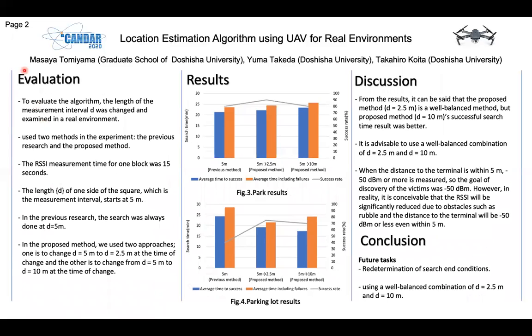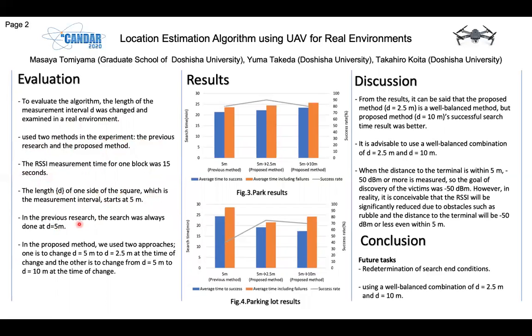Next, I will explain evaluations. To evaluate the algorithm, the length of the measurement interval d was changed and examined in a real environment. We used two methods in the experiments, the previous research and the proposed method. The RSSI measurement time for one block was 15 seconds. The length d of one side of the square, which is the measurement interval, starts at 5 meters.